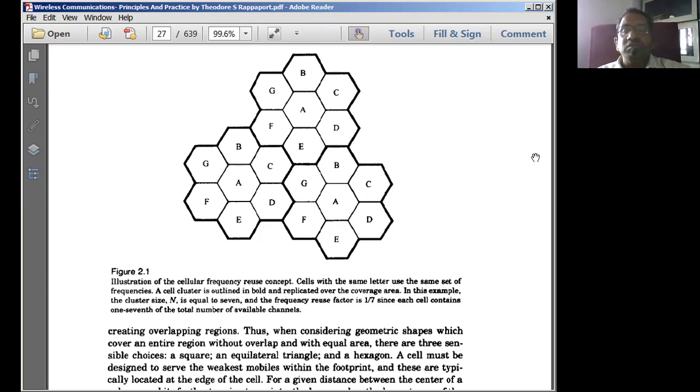Now for another group, another cluster, you can repeat the same set of frequency channels. So what is the frequency reuse that we discussed? This group of cells has A, B, C, D, E, F, G. Again, this group of cells also has A, B, C, D, E, F, G. This means this group and this group use the same set of frequency channels. Same is the case with this group also.